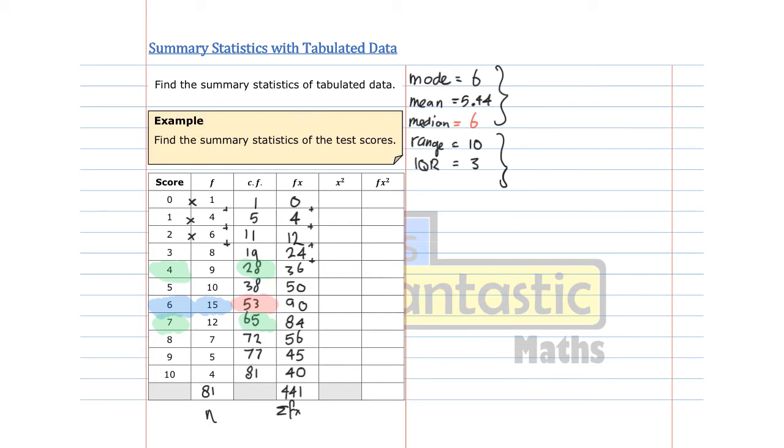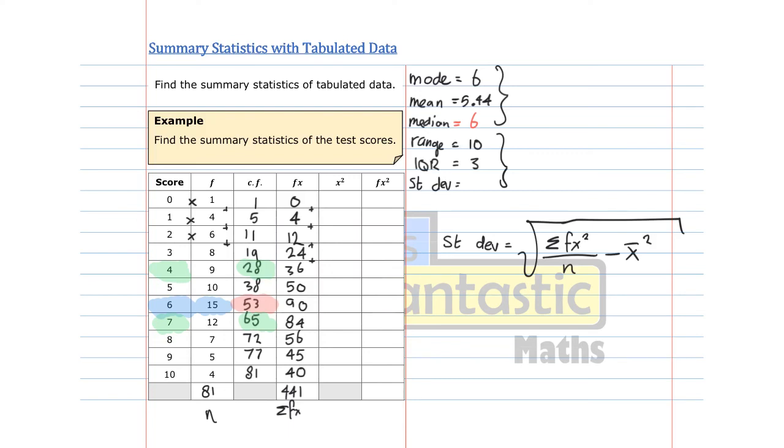The last thing we want to find is the standard deviation. Now again, the rule for standard deviation is slightly changed. For tabulated data, the standard deviation is the square root of the sum of fx squared divided by n, minus the mean squared.